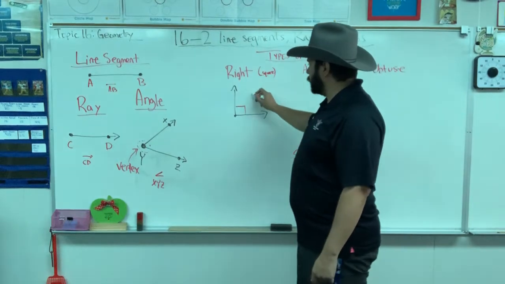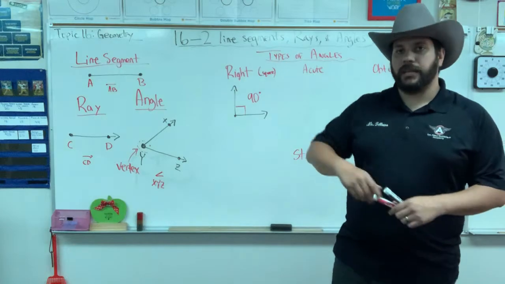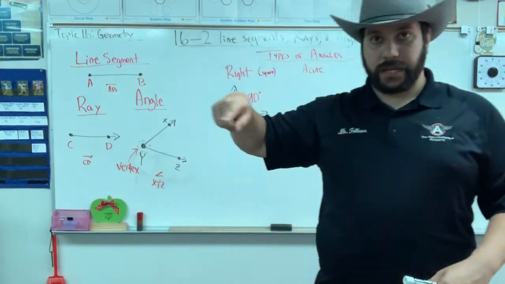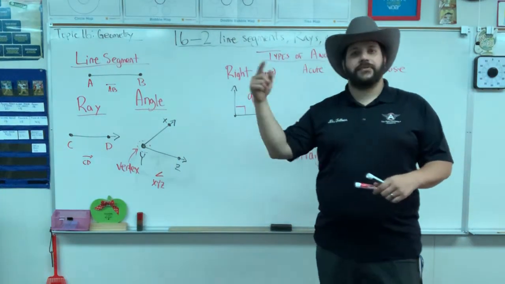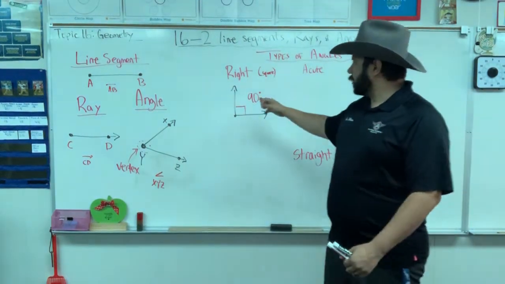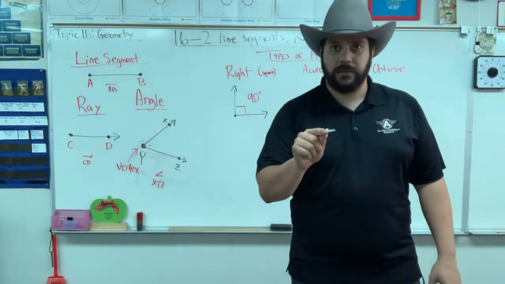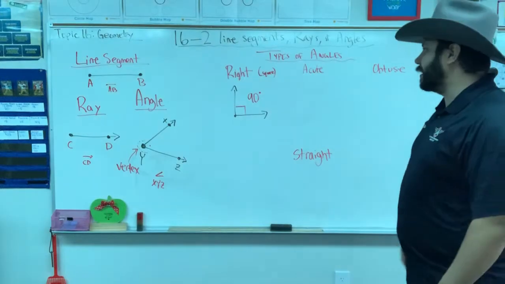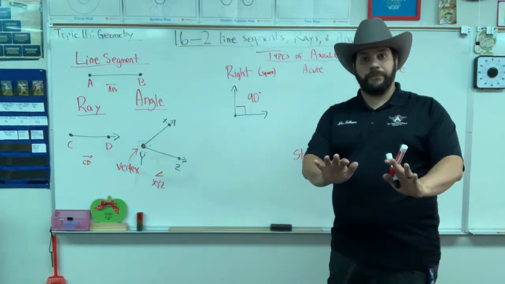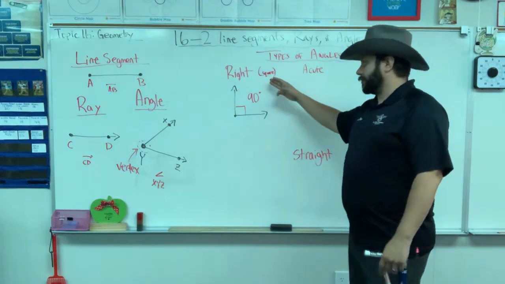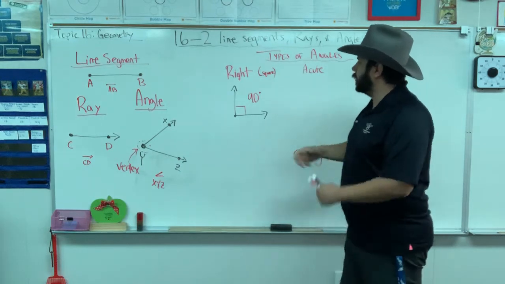It's also 90 degrees, okay? So if you think of a circle having 360 degrees, if an angle is 90 degrees exactly, it is a right angle. If it is not exactly 90 degrees, it is not a right angle, it is a wrong angle. I'm just kidding, that's not a term, but right angle is a term, all right? 90 degrees only.